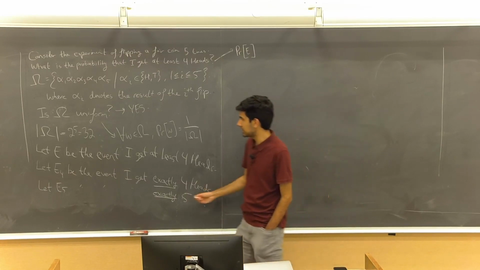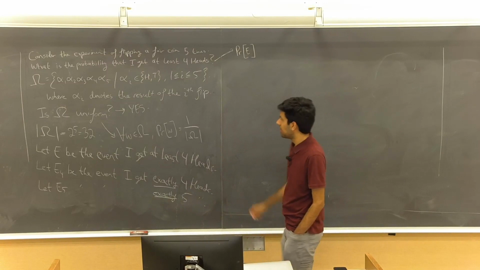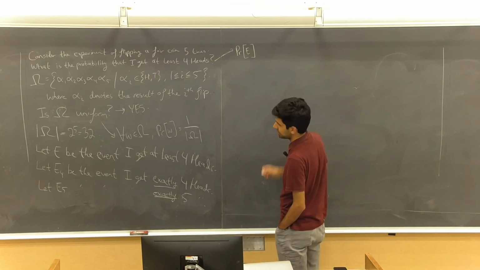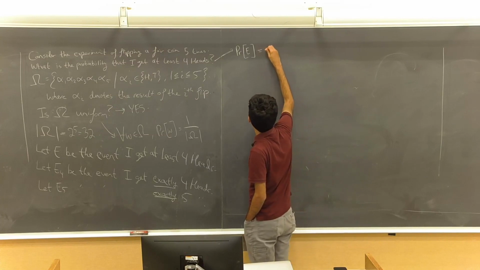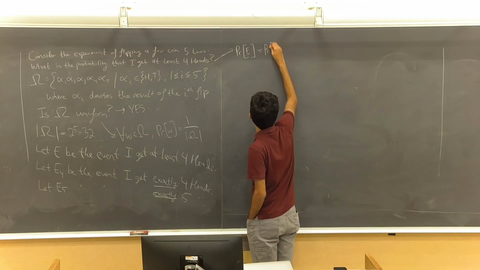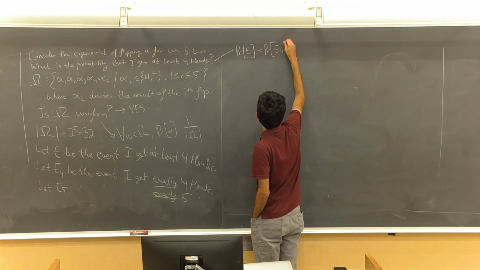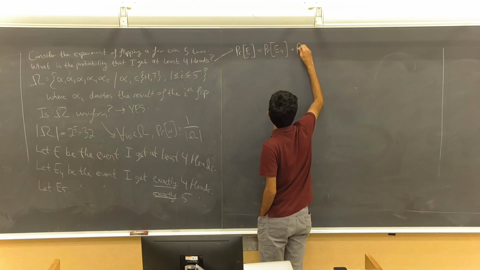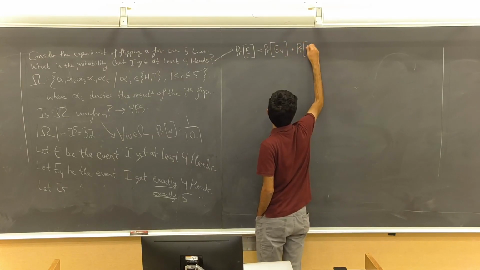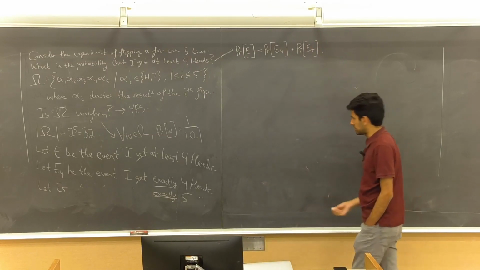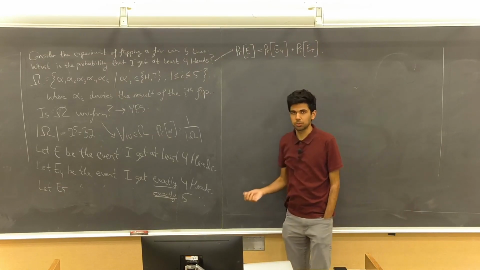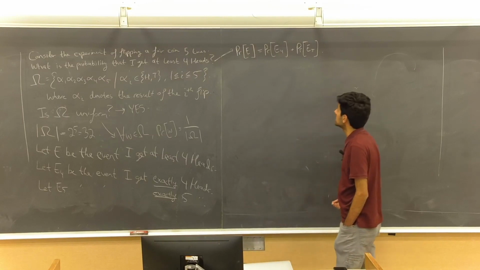And together they describe E. Using the fact that they're disjoint and that they together describe E, we can rewrite this probability as follows. And the reason we're doing this is just because it's easier to work with exactly instead of at least.